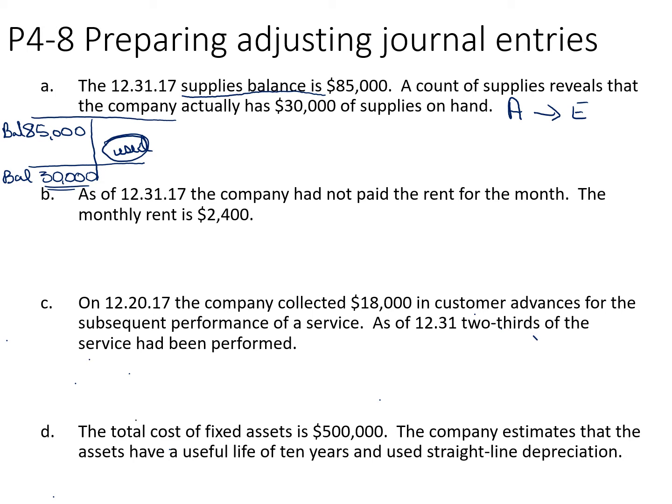Here's another one. As of December 31st, the company had not paid the rent for the month. Do they owe the rent for the month? They sure do. Have they used the rent for the month? They sure have. So we need to, and notice that we're not paying the rent here.